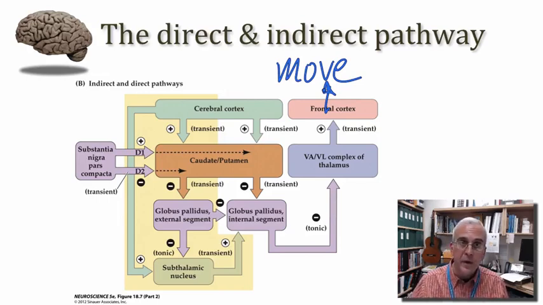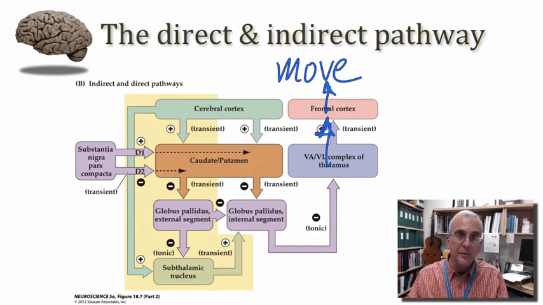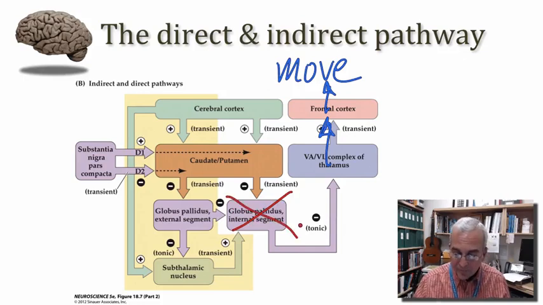In order to activate our cortical spinal neurons, there has to be a trigger signal from the thalamus. Well, how does that happen? We have to disinhibit the thalamus because, remember, it's at rest, clamped down by an inhibitory output from the basal ganglia. So if we have any hope of expressing movement, then we need to take out the tonic inhibition from the internal segment of the globus pallidus.